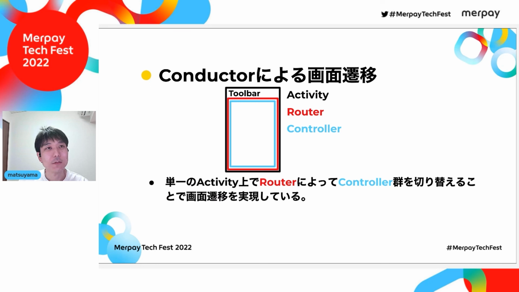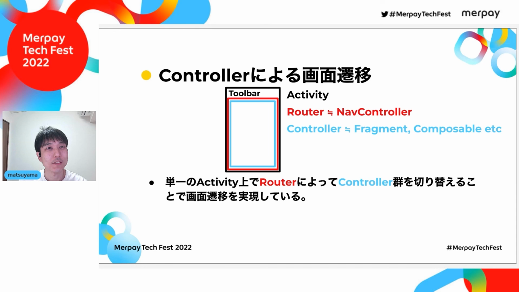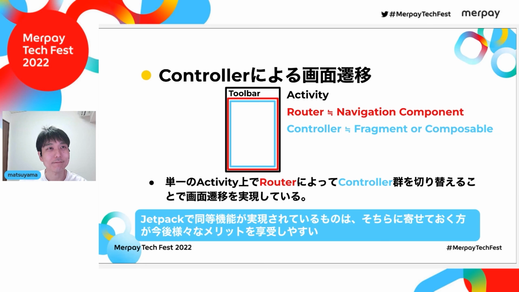The Conductor places a router on top of a single activity, and the router switches the controller to realize the screen transition. Yes, each controller has a live hierarchy of views internally. This is similar to the NavController, fragment or composable in the Navigation Component. So I've been able to get it to work fine as it is.